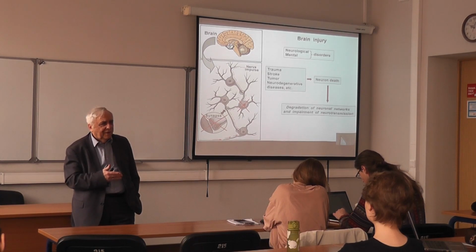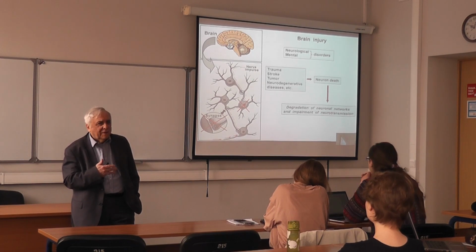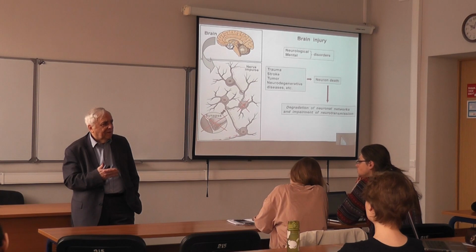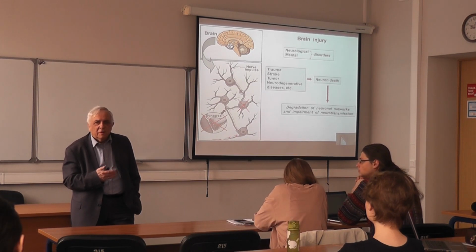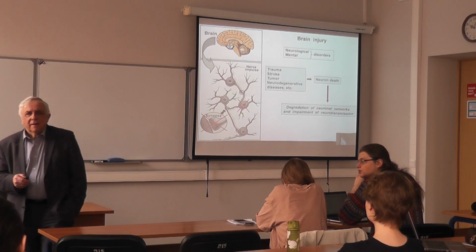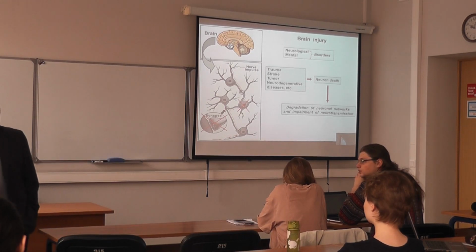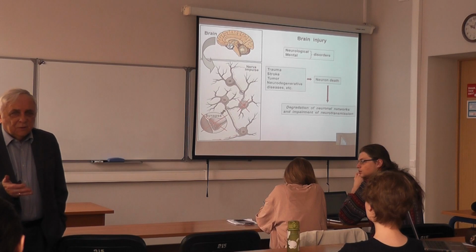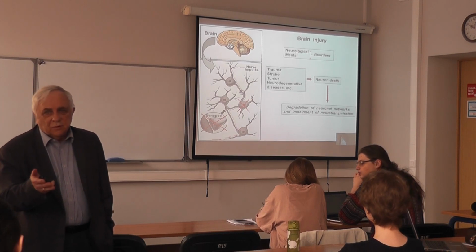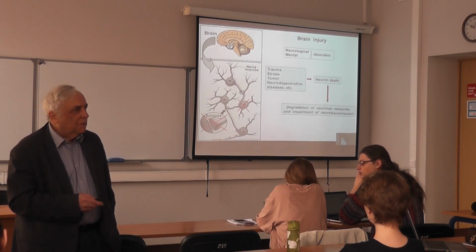But there are also examples of brain diseases which develop under the functional stimulation of the neurons, not because of the degradation of the neurons, but on the contrary, by the activation of the neurons. Do you know this? Epilepsy? No, I'm not sure, because in epilepsy there is a degradation.